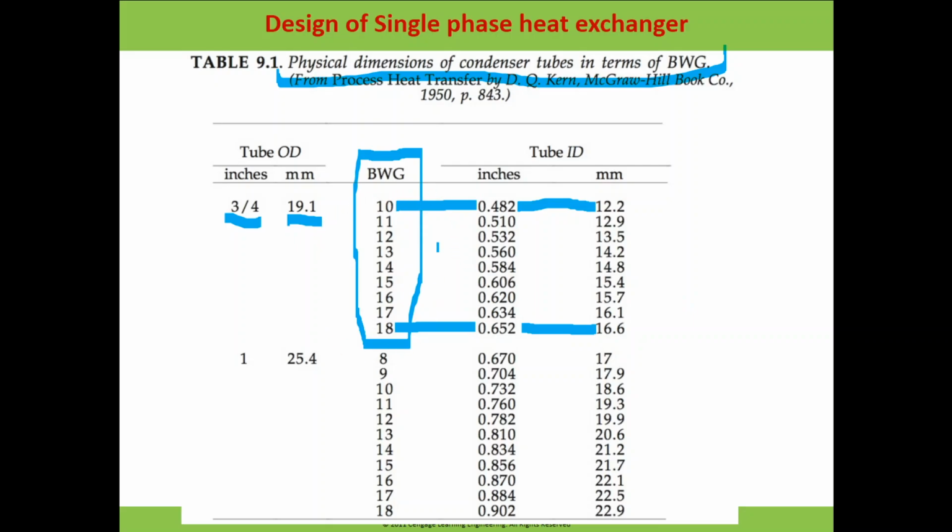So accordingly, depending upon the design requirement, we can choose the appropriate BWG and we can get the inner and outer diameter of the tube.